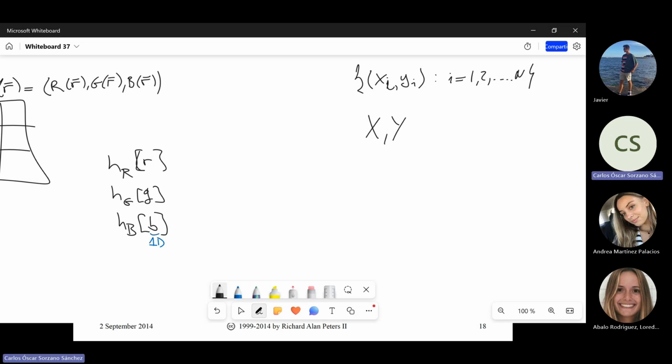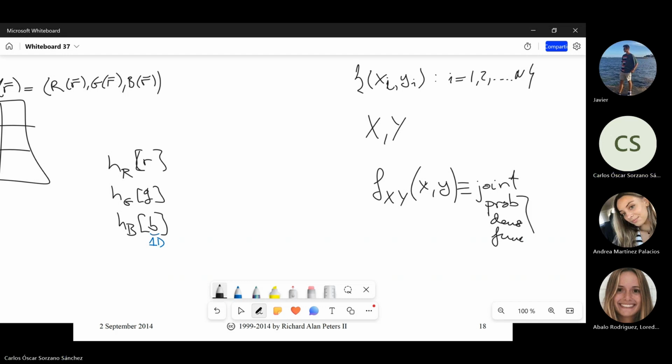One is the joint distribution, the joint probability density function, a PDF. Are you familiar with this? Yeah.